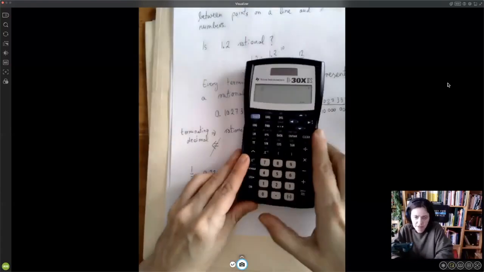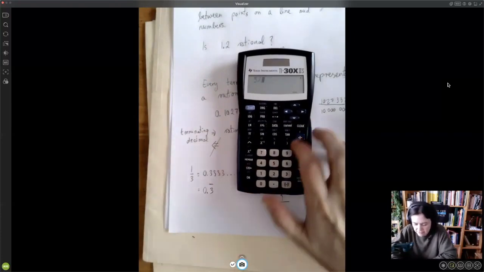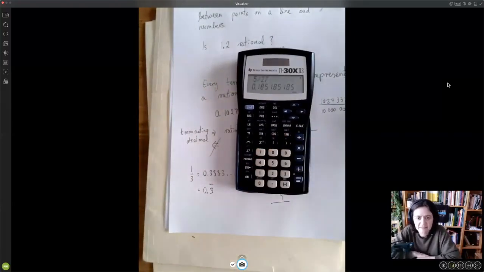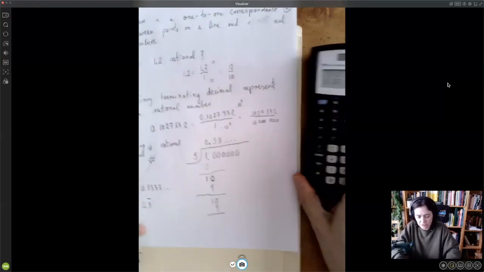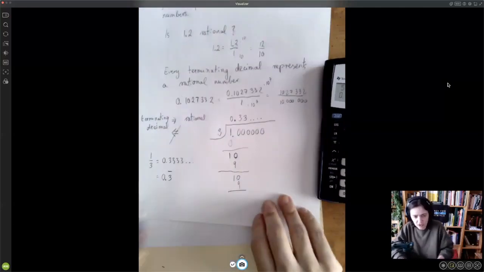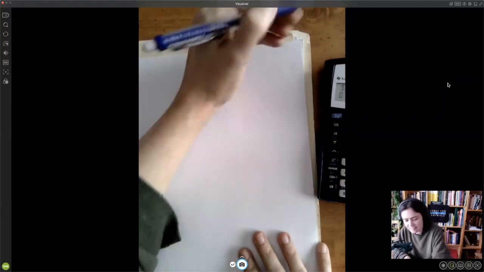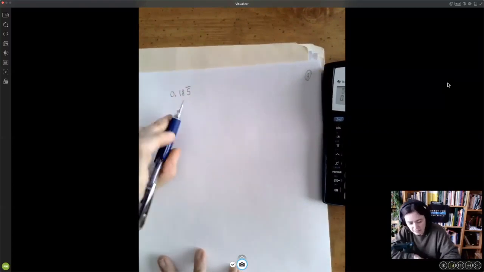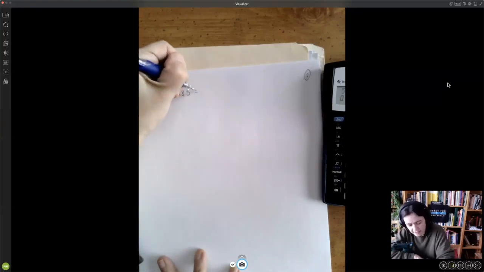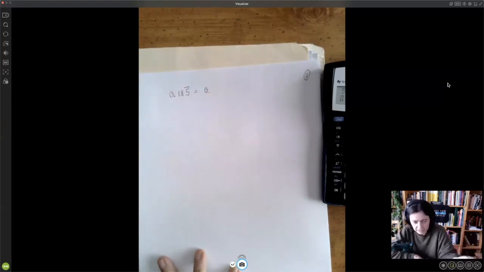Let's see another one. How about, I don't know, 5/27? You see, this one is a repeating decimal, and we can check that by long division, but the repeating block is longer, 0.185. So you have to be careful to identify, when you see this bar notation, what on earth is being communicated to us, because 0.185 with the bar like this means that only 5 repeats. That's the repeating block. So that's 0.1855555.